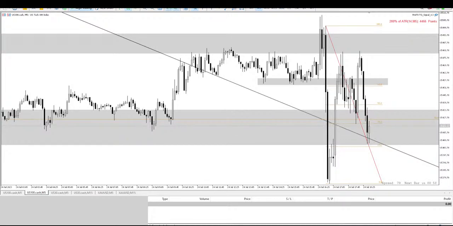Price is rejecting this level again. A few more seconds to close the 5 minute.